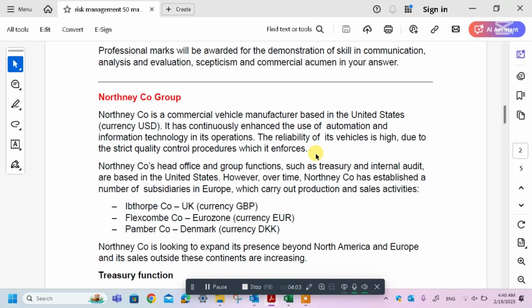Northern Company has its head office and group functions such as treasury and internal audit are based in the United States. However, over time, Northern Company has established a number of subsidiaries in Europe which carry out production and sales activities. I Company in UK, F Company, Eurozone, P Company, Denmark.